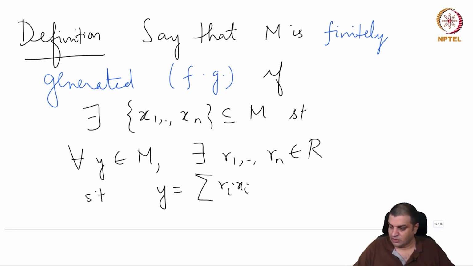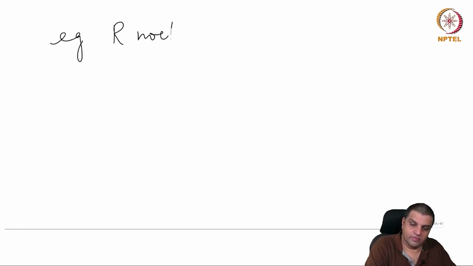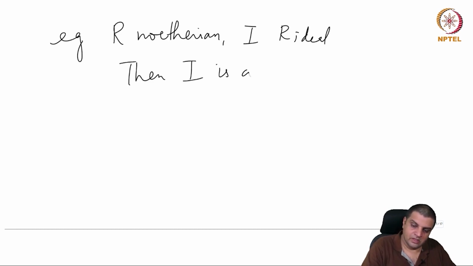So for example, R Noetherian, I an ideal of R, then I is a finitely generated R module.